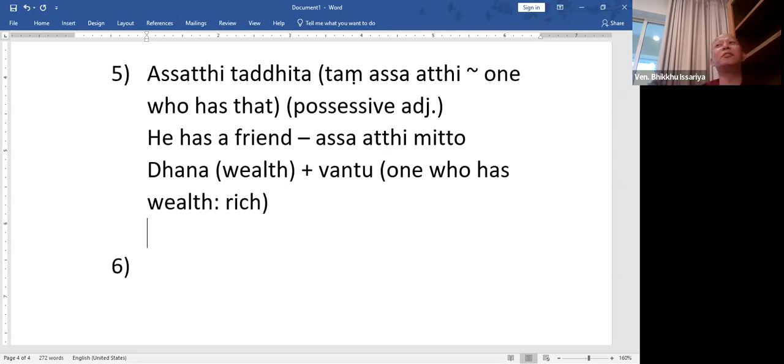In your own language also, please check: some word has this meaning in this context, but in other contexts it will have another. That is the nature of every language.